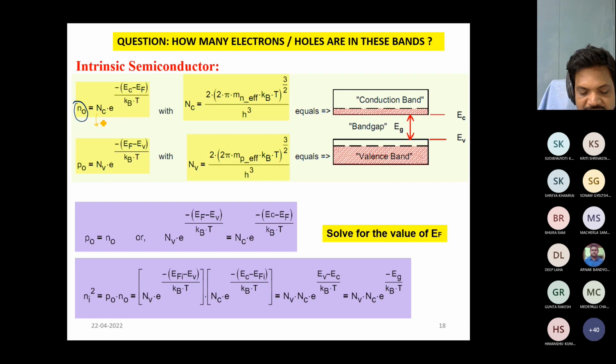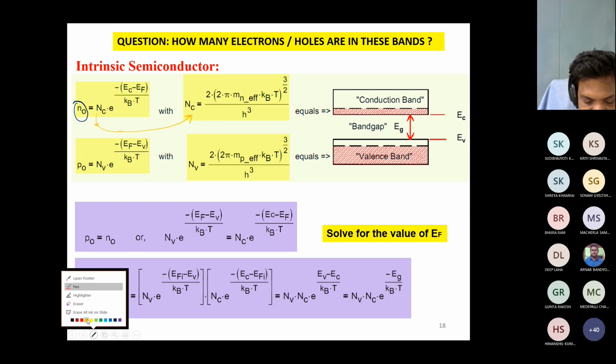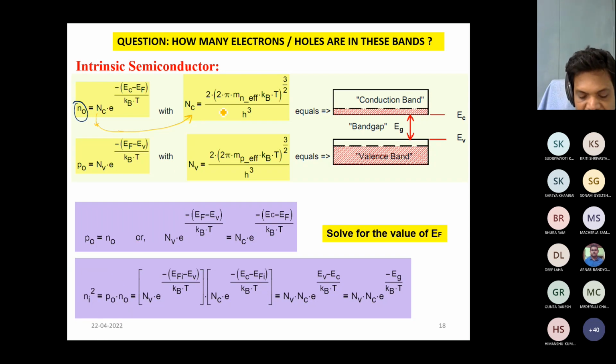Here NC is the energy state density function, given by 2 (2π mn effective kBT / h^2)^(3/2), where mn effective is the effective mass of the electron. This can be derived, I am just telling you for your information.